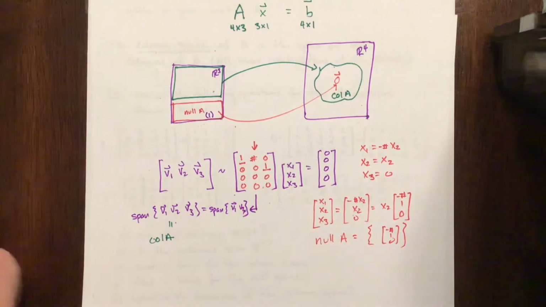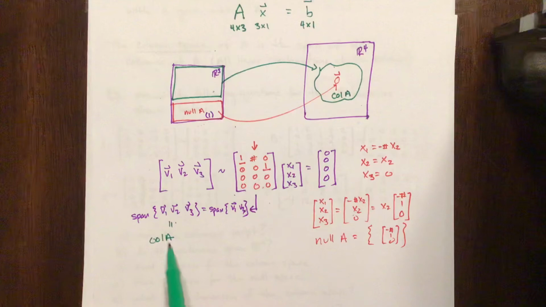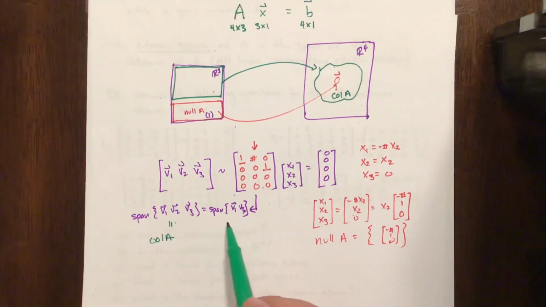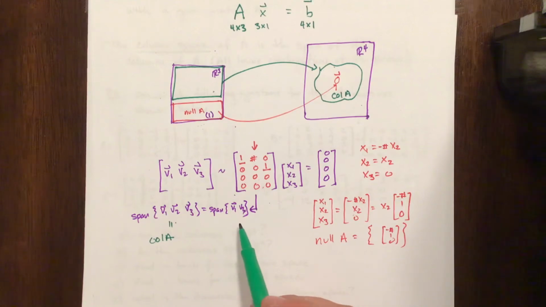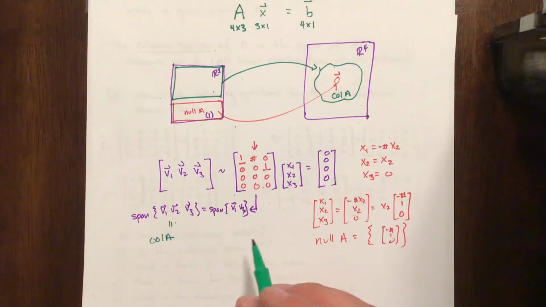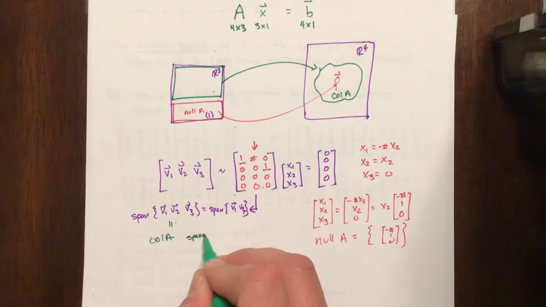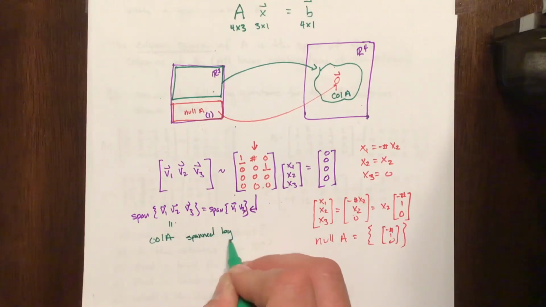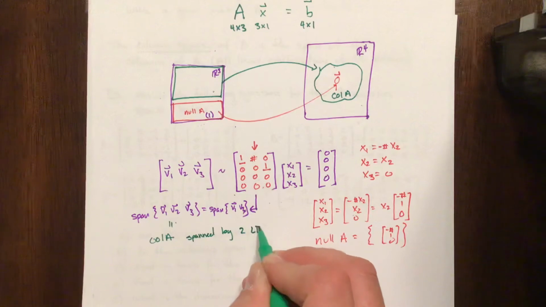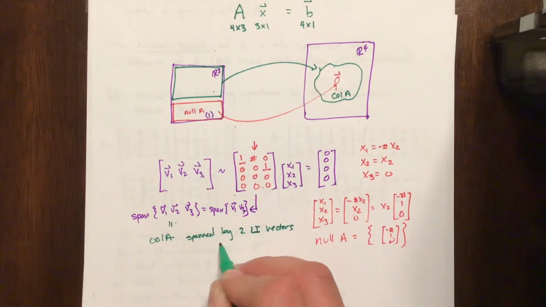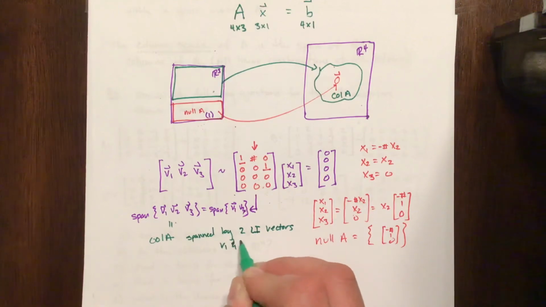So let's make it look like a 3. The column space of A, which is by definition the span of vectors v1, v2, and v3, is the same as the span of vectors v1 and v3. Okay, so it's spanned by 2 linearly independent vectors, v1 and v3.